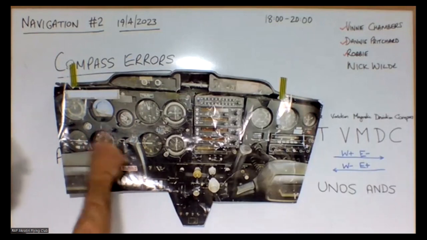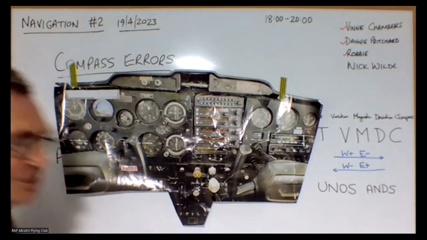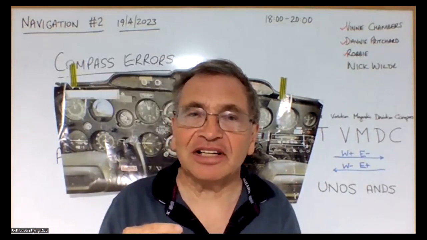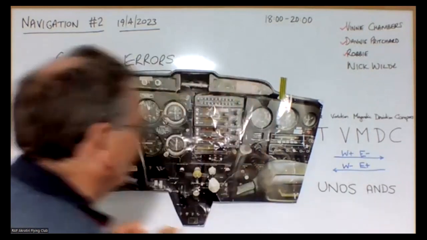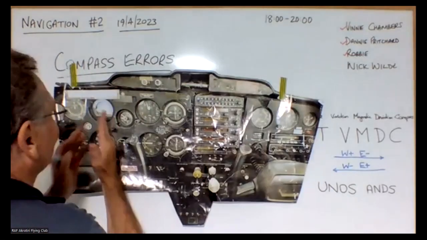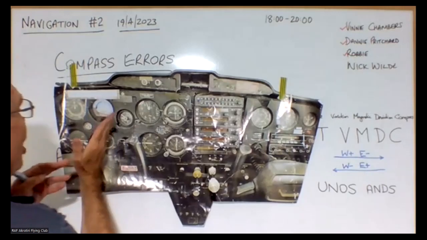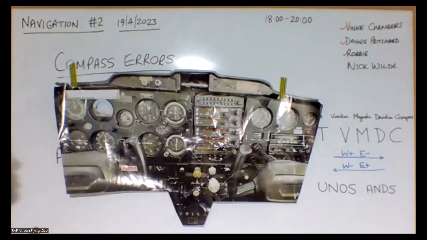The DI isn't interacting in any way with the magnetic north of the Earth. All it's doing is showing you where you are from when you set it last.